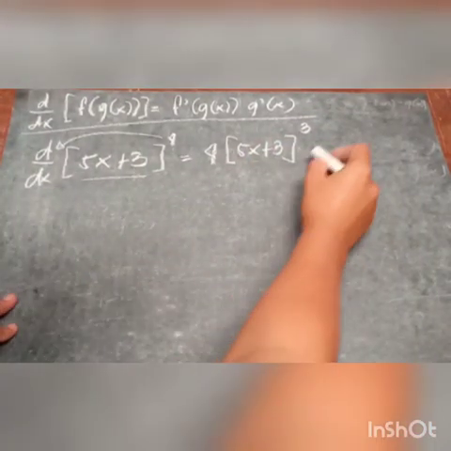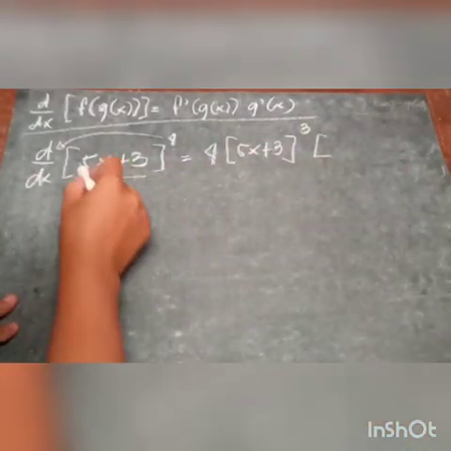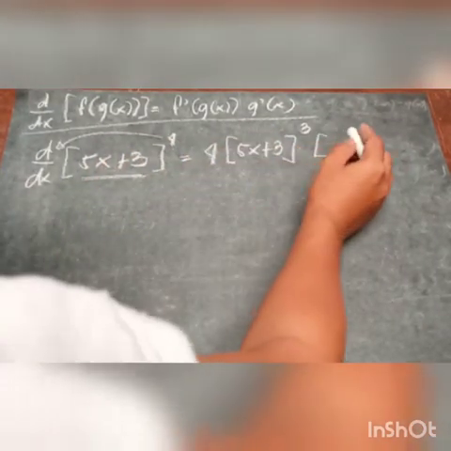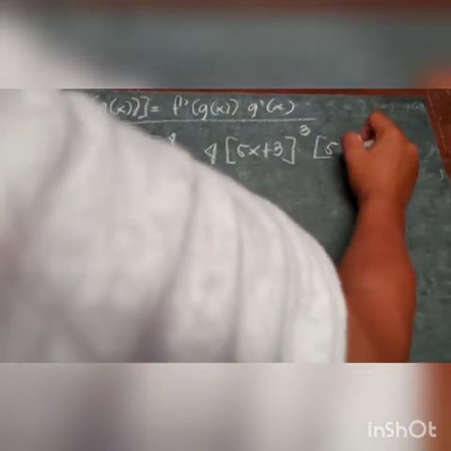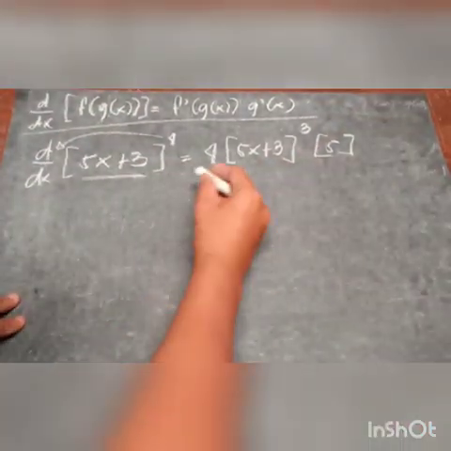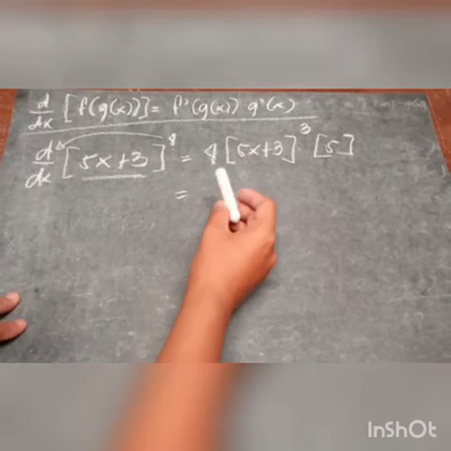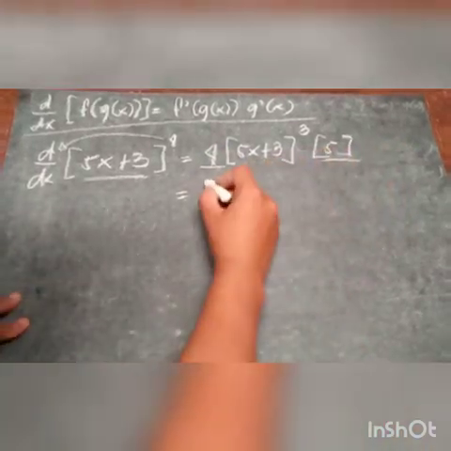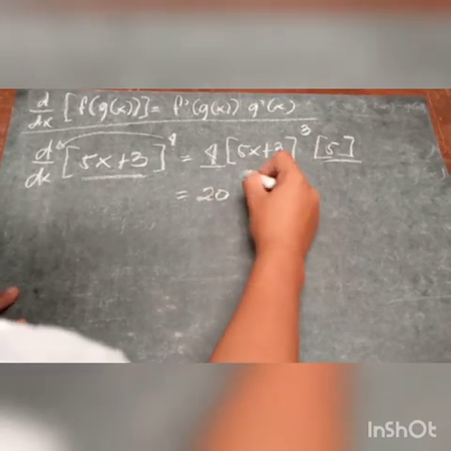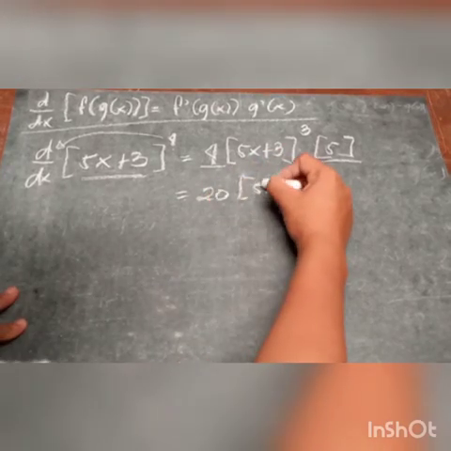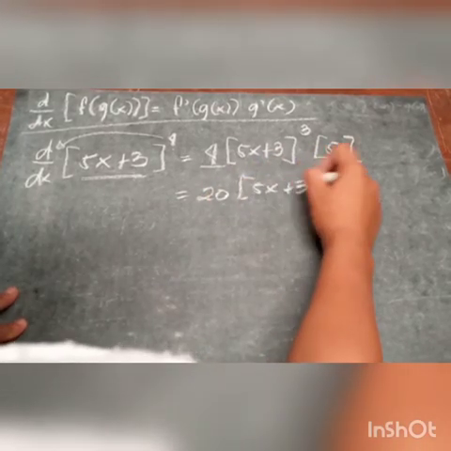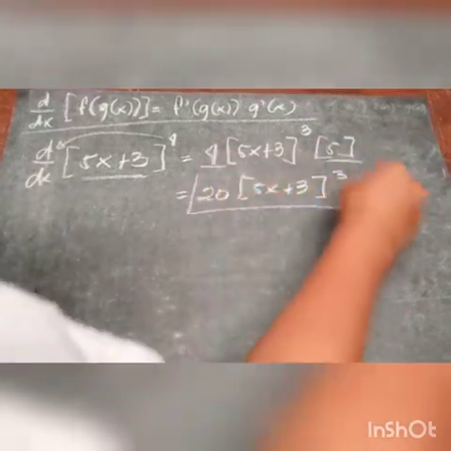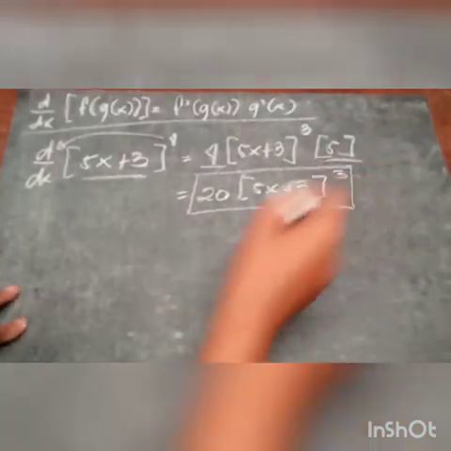Then multiply by the derivative of the inside, which is 5x plus 3, so it's going to be equal to 5. And then next step, we now multiply 4 and 5, so we have 20, and then 5x plus 3 raised to the power of 3. So this is the final answer.